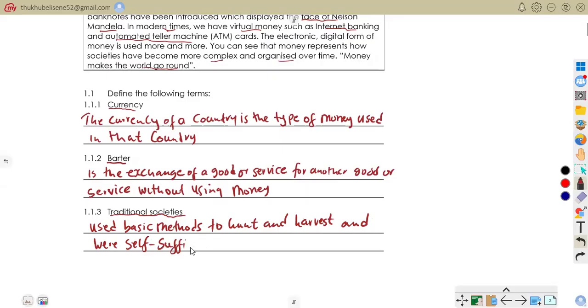Meaning to say they produced everything they needed to survive. For example, a community that grows its own crops and hunts for food. So that is that.